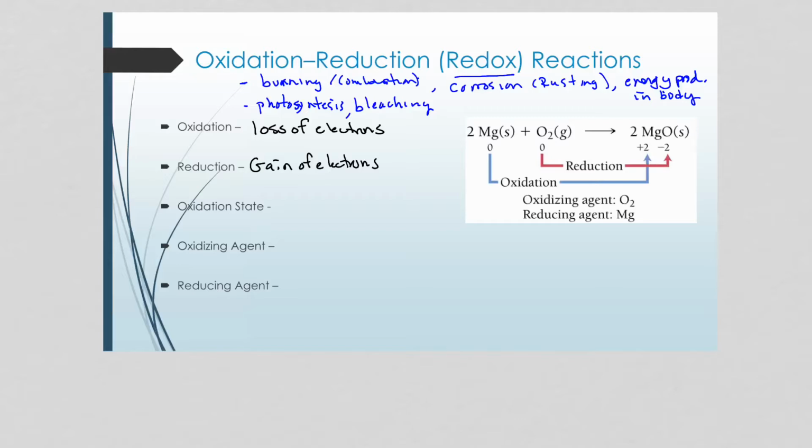Now, sometimes these terms are tricky to remember. So one technique that has been used is these mnemonics. The most common mnemonic here is to use the term OIL RIG, right, where oxidation is loss, reduction is gain.